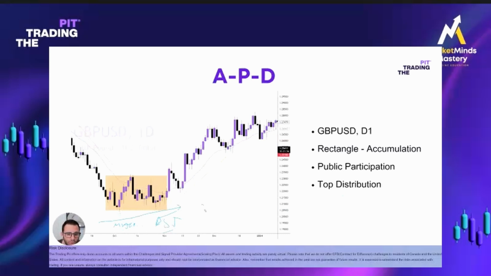So we have two options here. If we trade Wyckoff or smart money concepts, we can take positions within this accumulation based on our strategies that we find work for us.